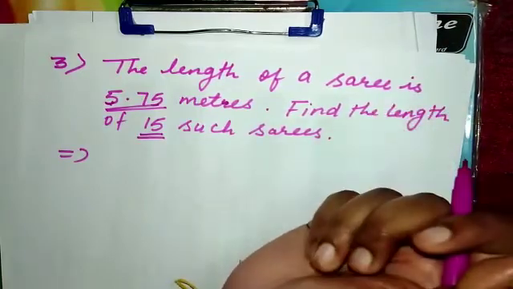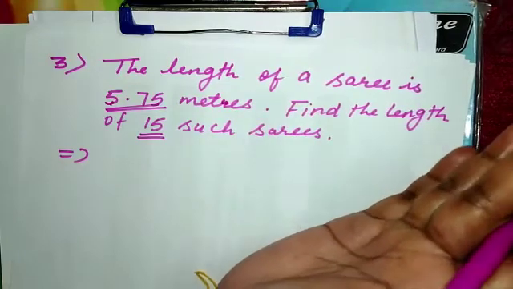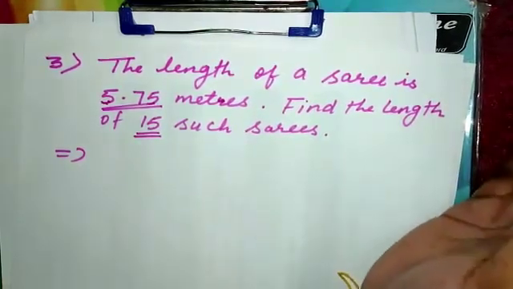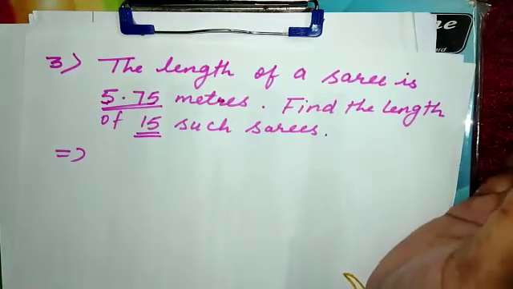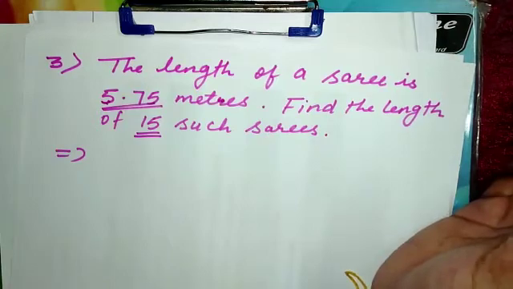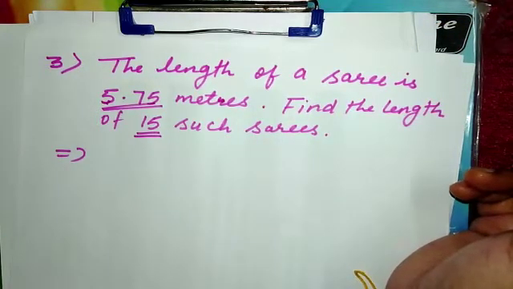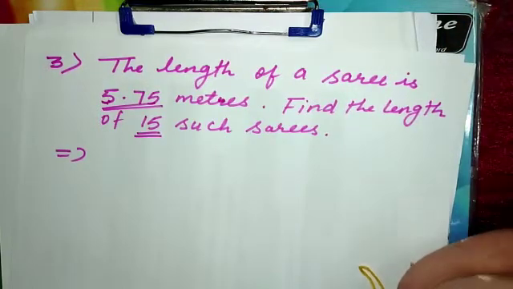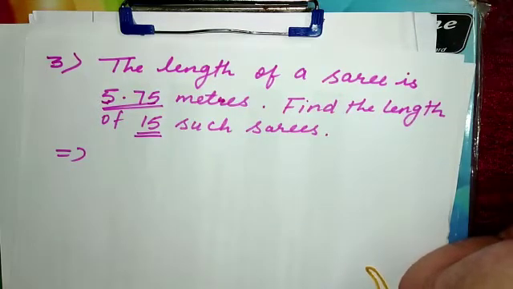So what is your question, children? That one sari length is 5.75 meter. If you take one sari, the length of that sari is 5.75 meter. So like that, 15 saris you have to take and measure the length of 15 such saris.